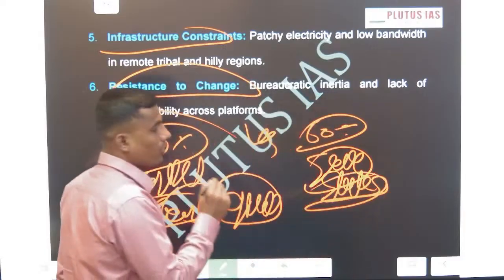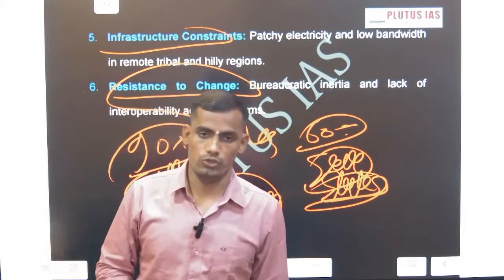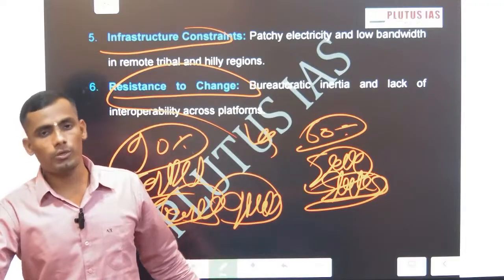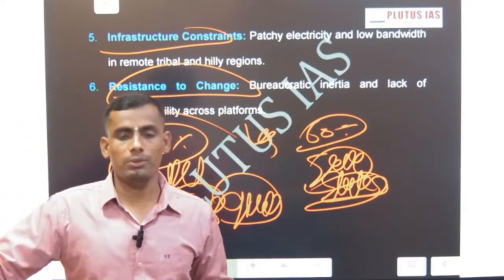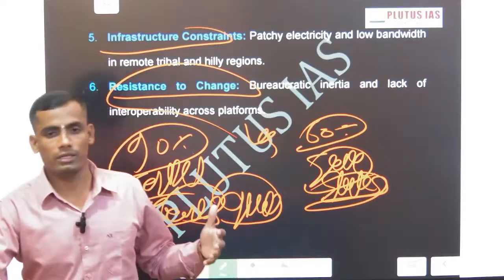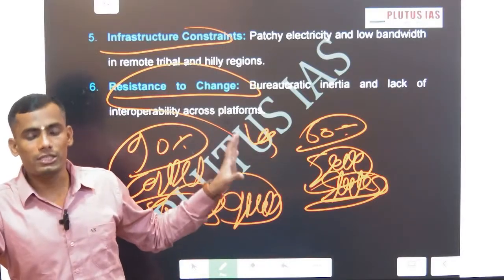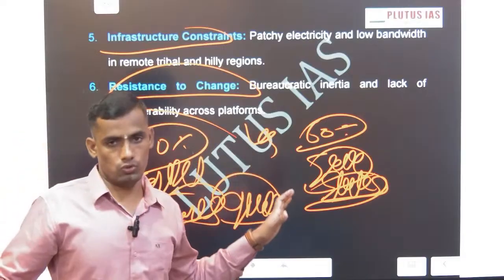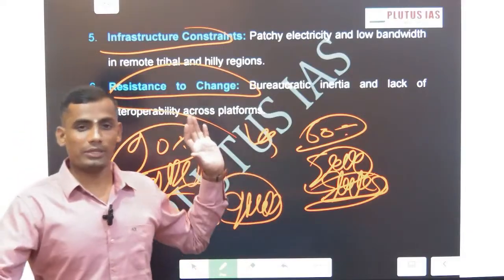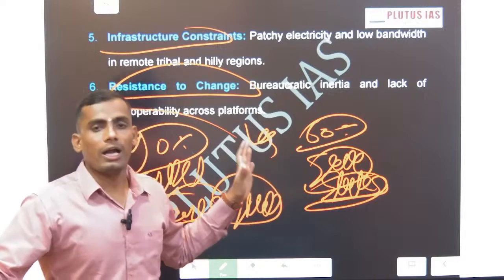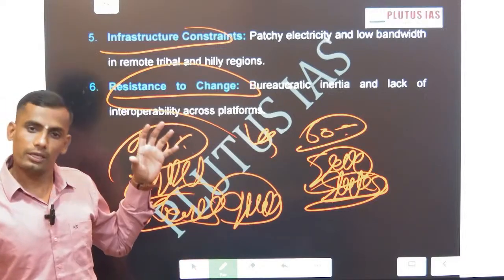This is a very major critical issue, because the central government is adopting, but certain states are not able to, not aware of the digital technology. So there is inertia. These are the limitations, from the digital divide to adaptation and to the bureaucratic inertia.